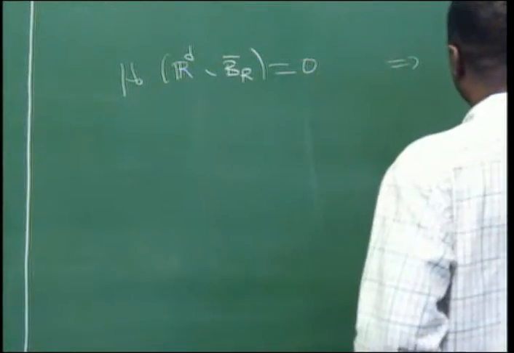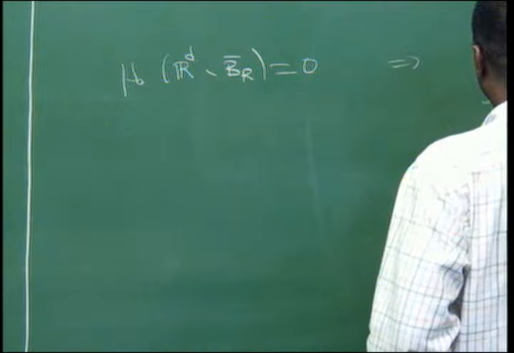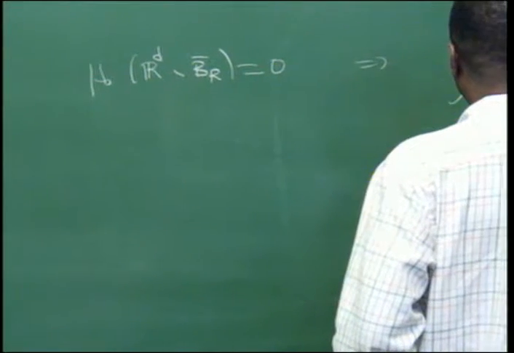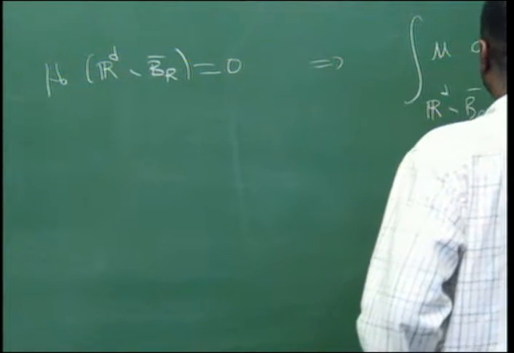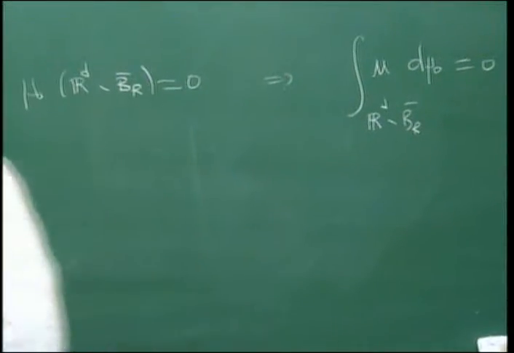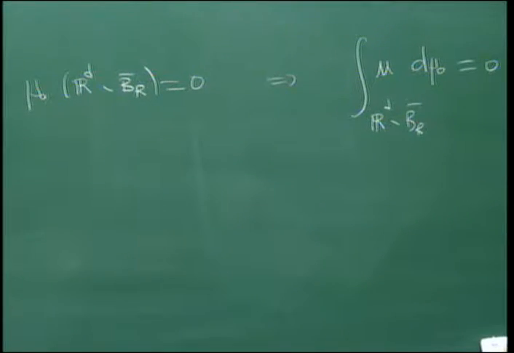So this implies that if I integrate u on Rd minus the closed ball of radius r, I get 0. And so it doesn't matter what the value of u is outside the closed ball.